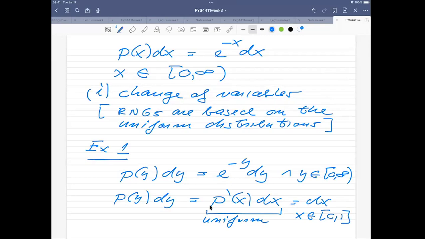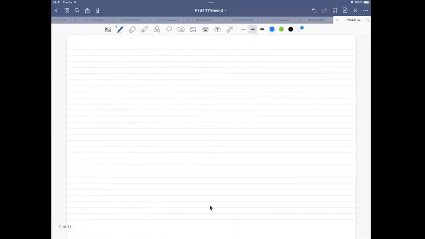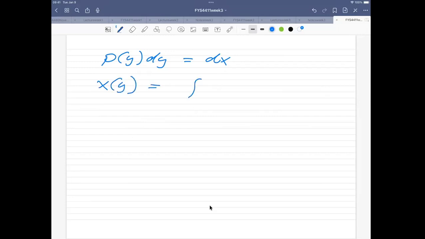This means that when we now set up things, with this expression here, if we now have p of y dy, we require that this is equal to dx. And then we can integrate up this expression. So we can then have an integral for x of y as a function of y. And that gives us an integral, which is nothing but the cumulative function for the probability y.